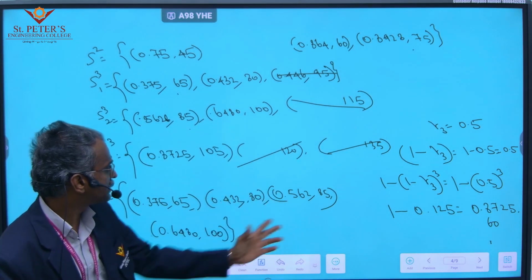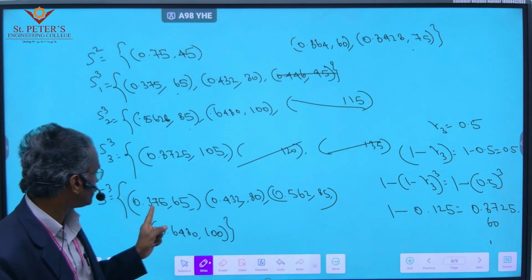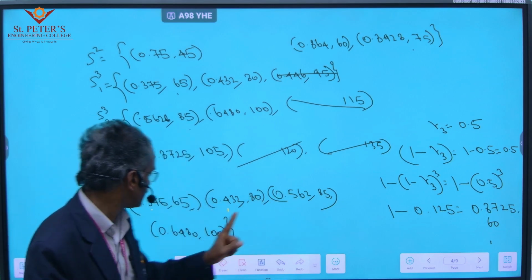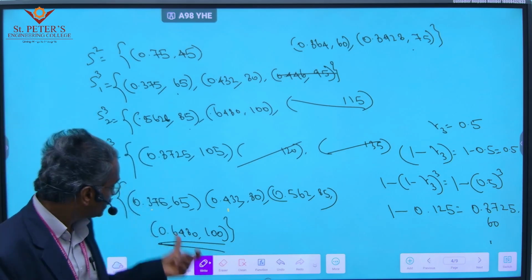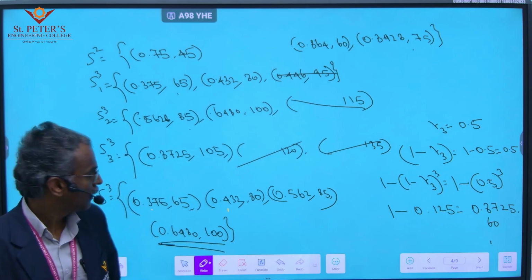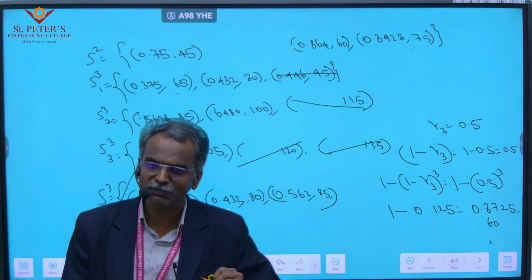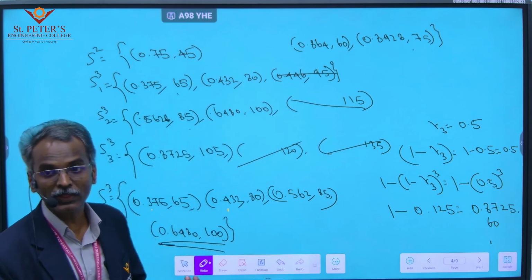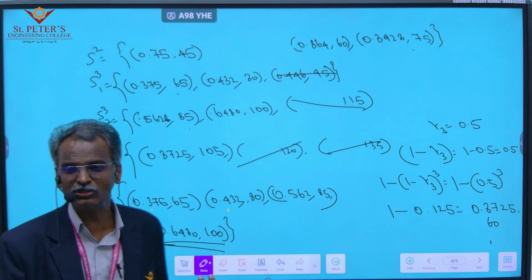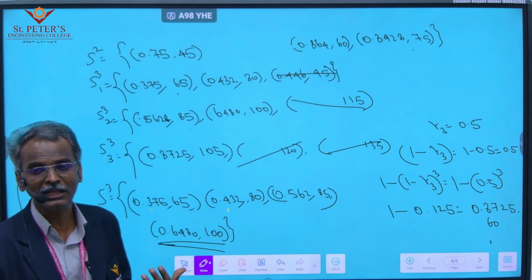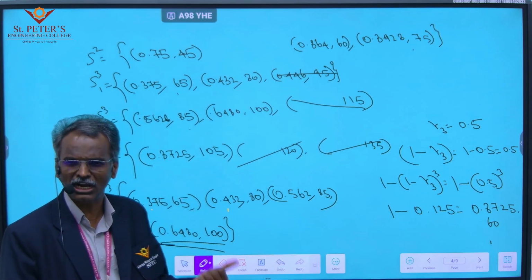Out of these sets, which has the highest reliability? 0.6480 is the highest reliability this set has, so this has to be considered. And the cost is 100, out of $105 we are spending only $100. With that we can attain 0.6480, almost 65% of the reliability, from the system by spending just $100 out of $105.